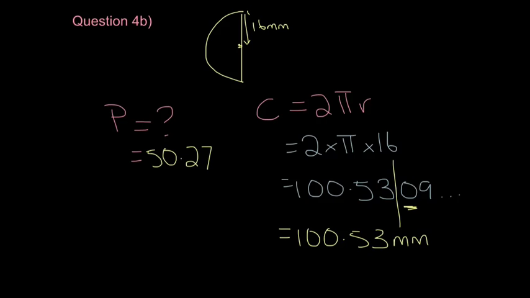So let me do that. So I've got that plus 32, plugging it into my calculator, I end up with a final answer of 82.27 centimeters. Oh, not centimeters, millimeters.